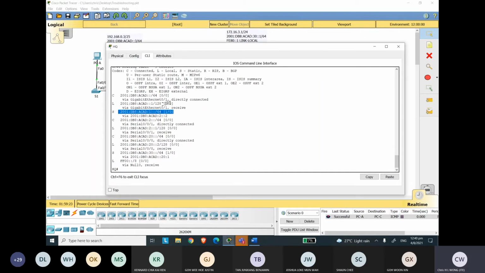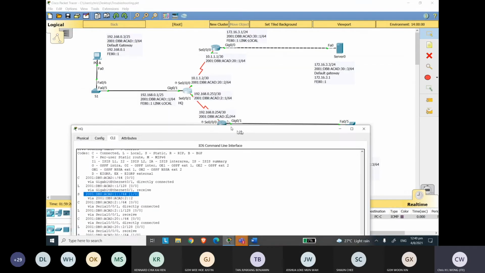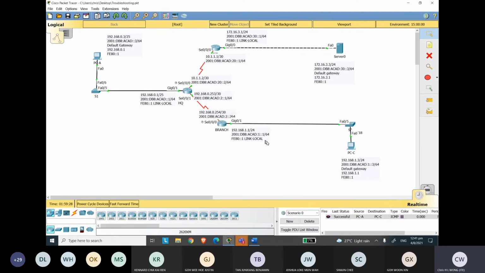So we check ACAT::10. Where is ACAT::10? This is the network they are pointing to. So there is a network here, but how come still cannot?